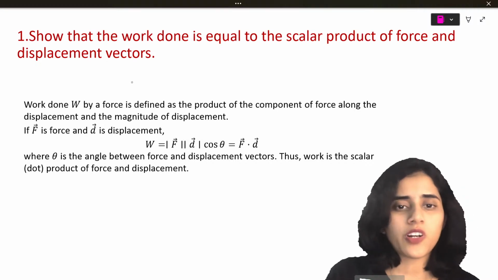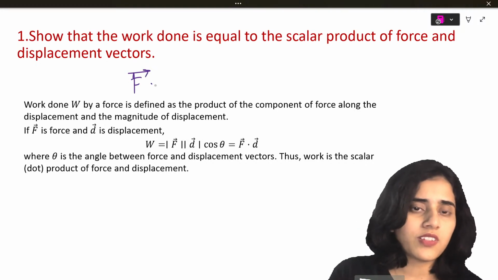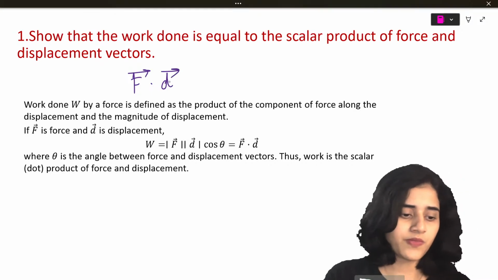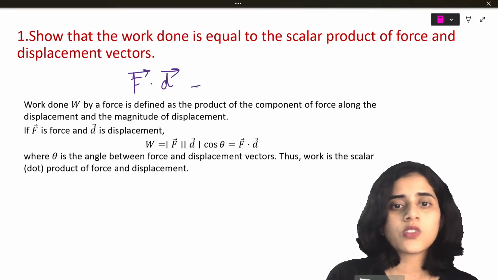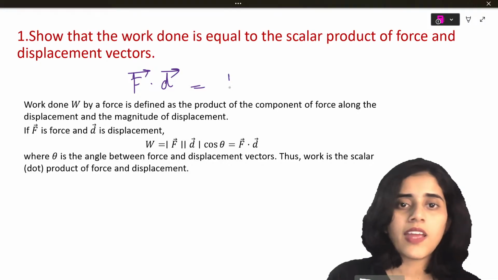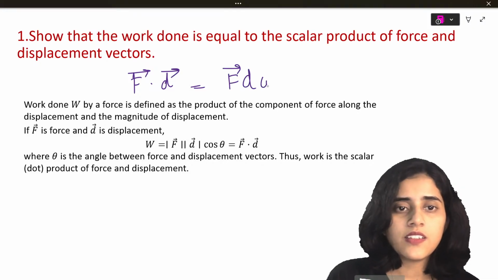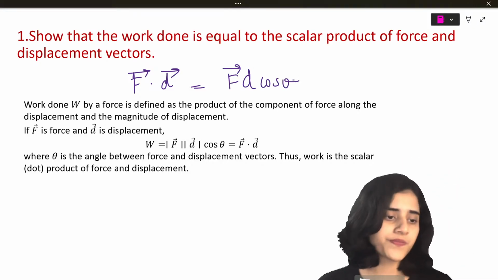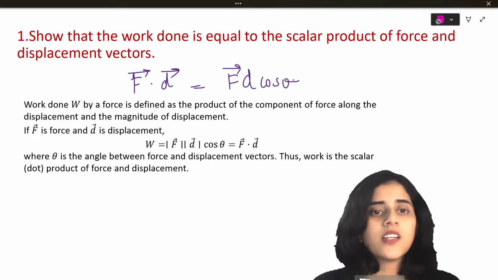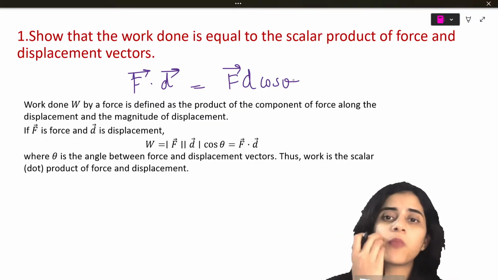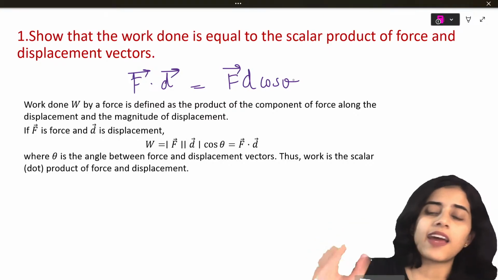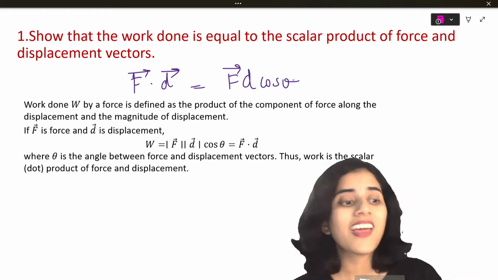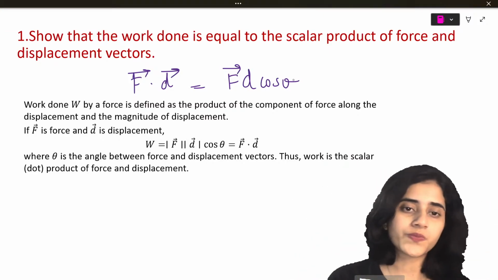What is scalar product? F dot D. So this will be F D cos theta. So scalar product is the component of force along the displacement and magnitude of displacement. Theta is the angle between the two.